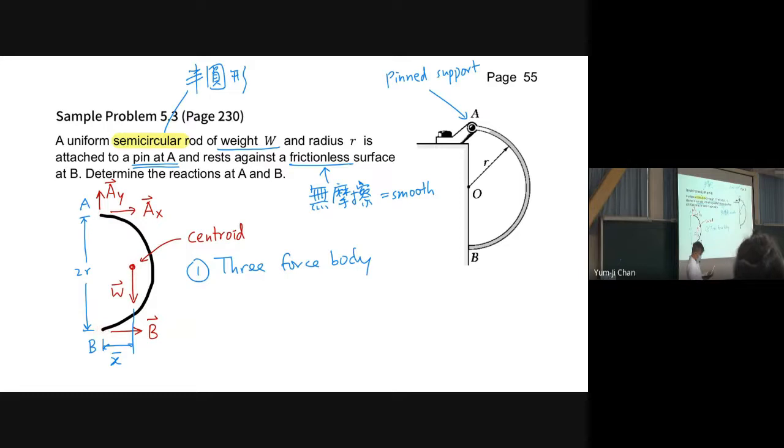So here we can simplify the problem by saying we know the force at point A will go in this direction, I think.